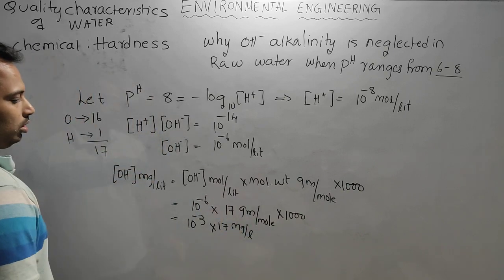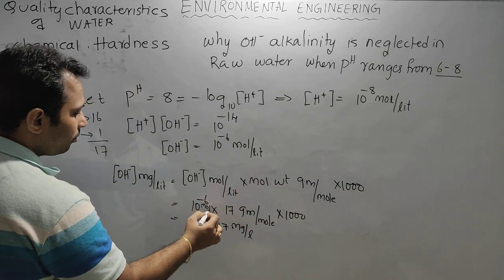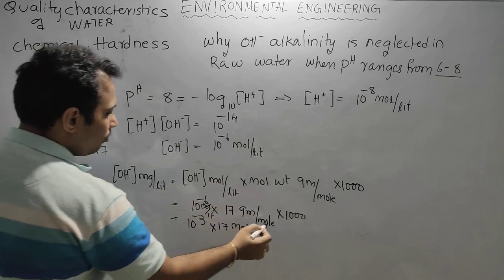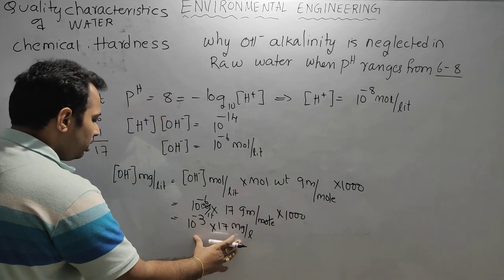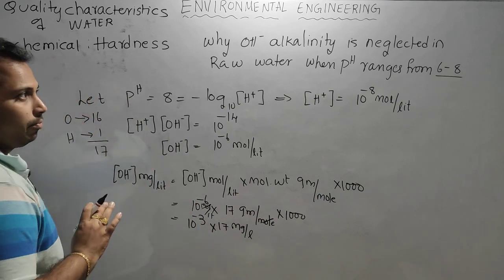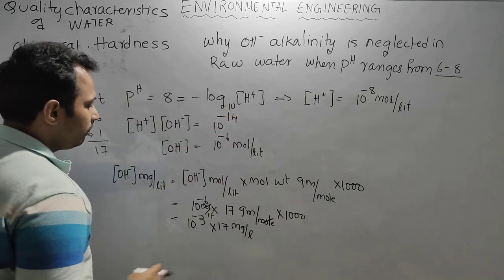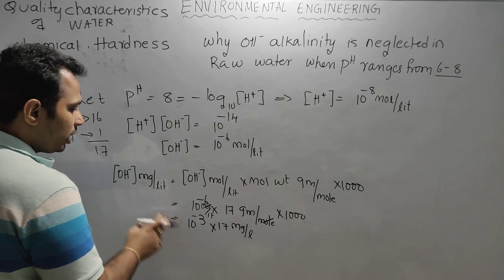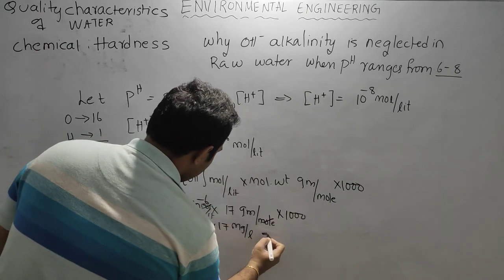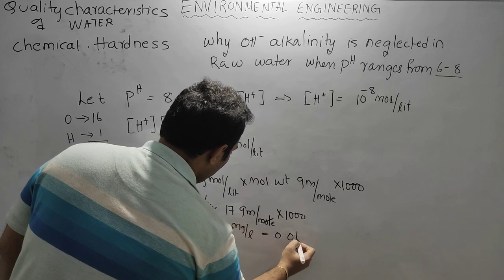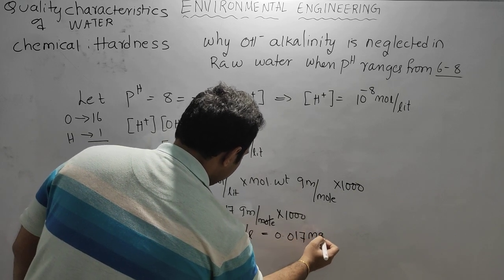The mole gets cancelled, and gram has become milligram per liter. So when pH is 8, the OH minus concentration is 0.017 mg per liter.